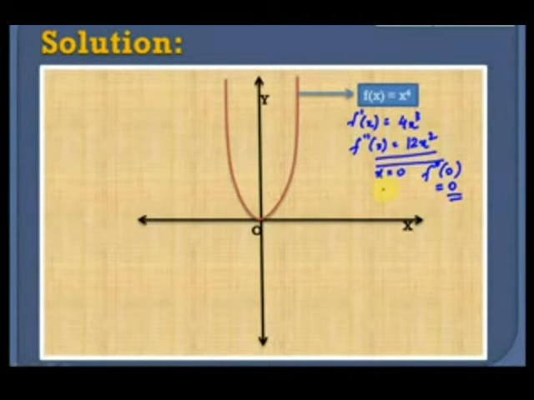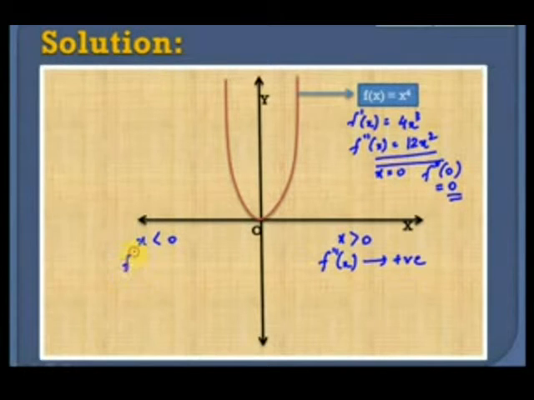Why? Because for values of x which are greater than 0, we get f double dash x as positive, and for the values of x which are less than 0, we get f double dash x also as positive, because this is 12x square.